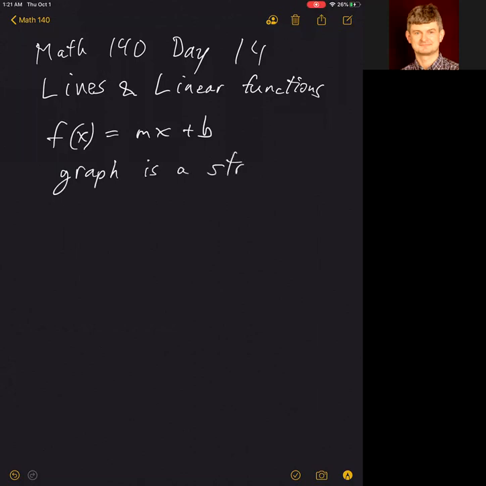The graph of such a function is always a straight line, and it can be any line except the vertical ones.